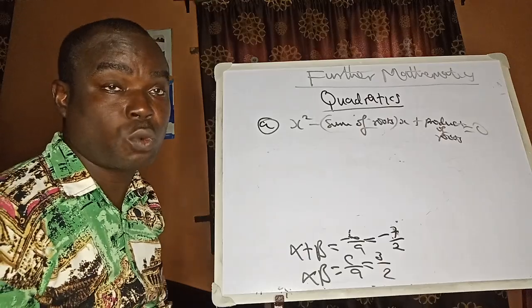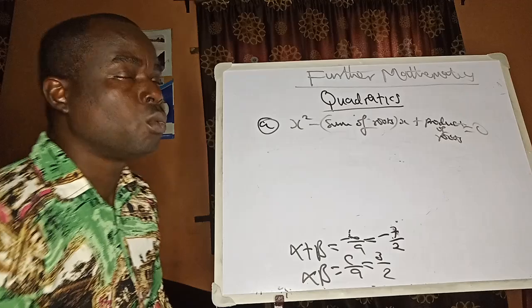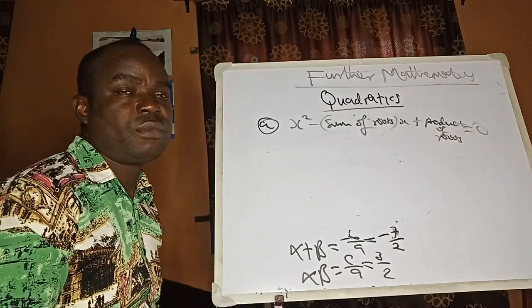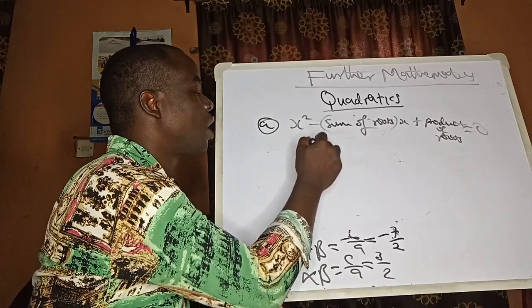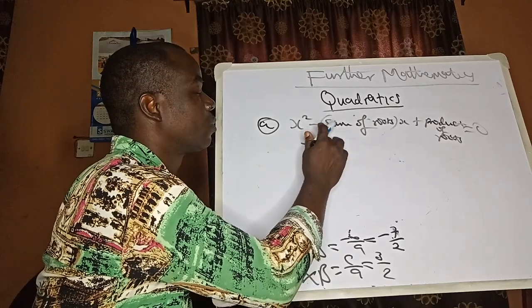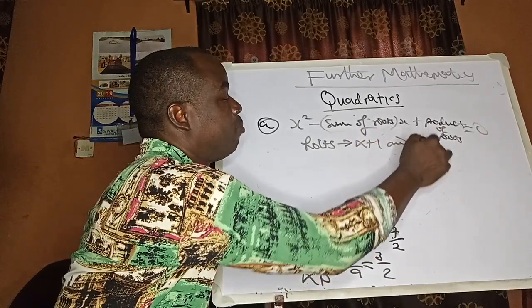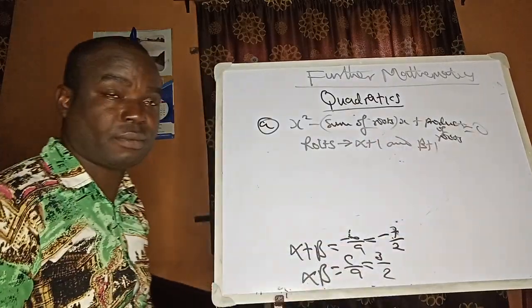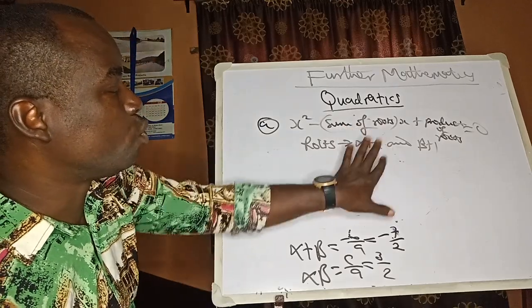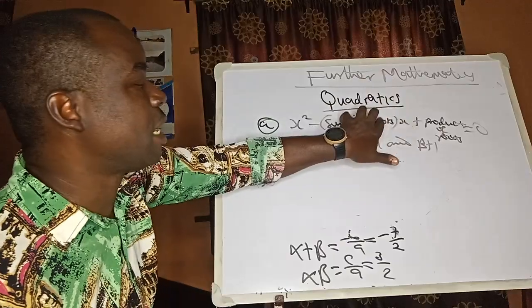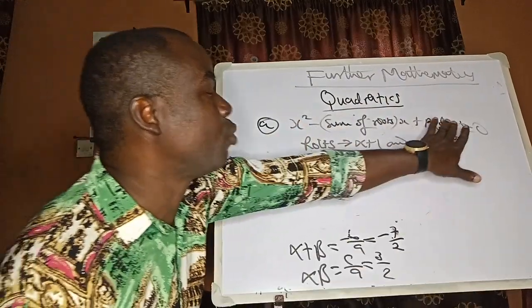Always remember this. The 2 roots we are working with now are alpha plus 1 and beta plus 1. For the sum of roots, you carry these 2 roots and put them inside here; for the product of roots, you carry the 2 roots and put them here.